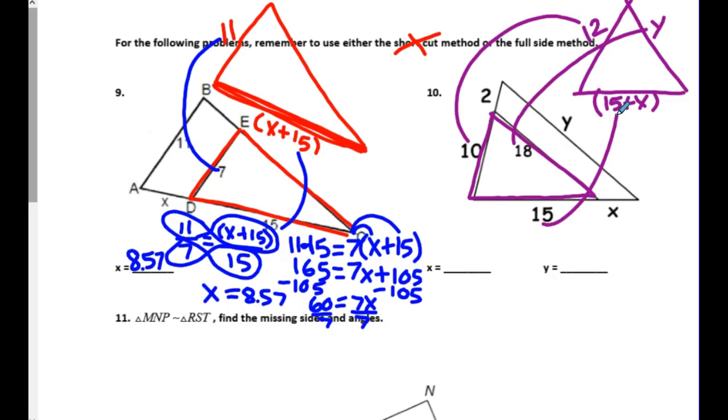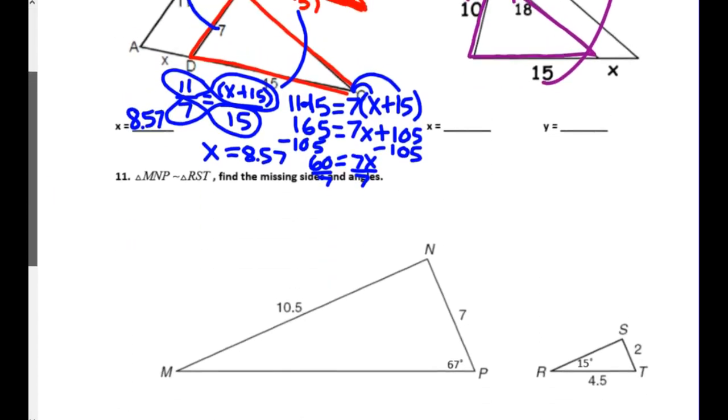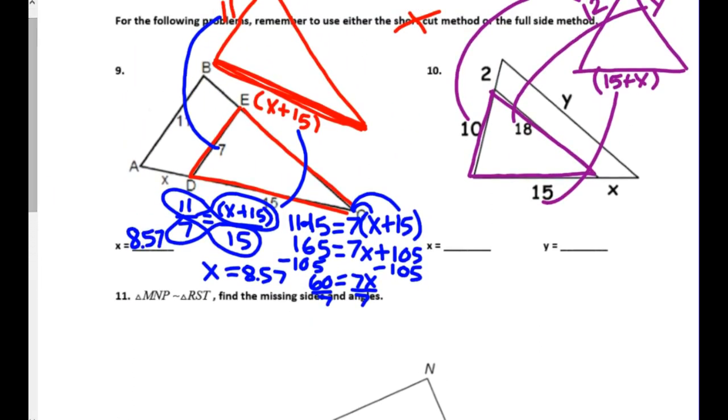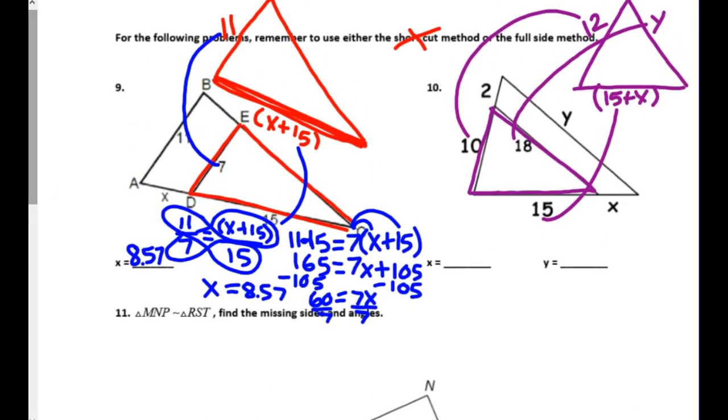Okay, so because our space is limited, we're going to have to spill down here into this bottom part, unfortunately, so let's do it. So I'm going to use the two I know on both triangles. It's going to be the 10 and the 12. So I'm going to have 10 over 12.